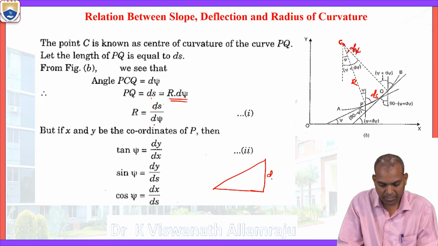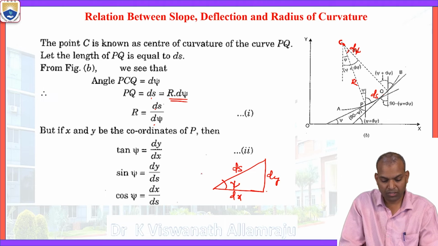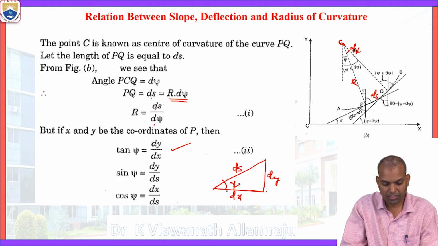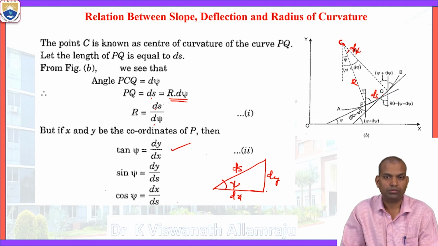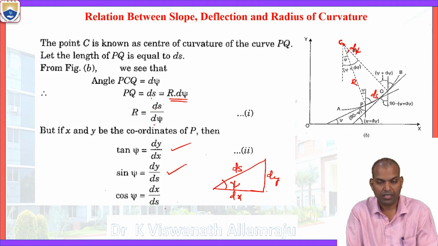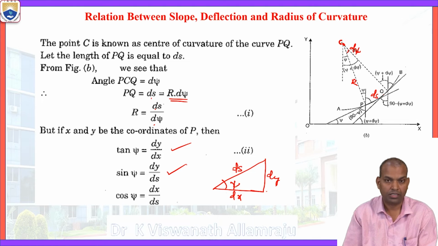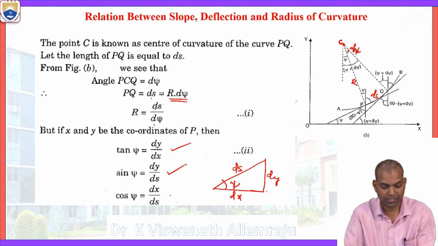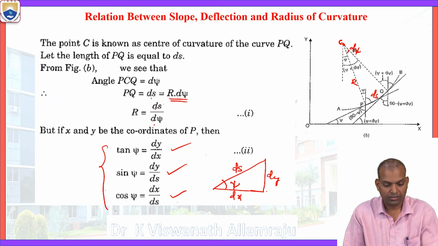Tan psi equals dy by dx, sin psi equals opposite side by hypotenuse, dy by ds, and cos psi equals adjacent side by hypotenuse, that is dx by ds. These are the three relations.